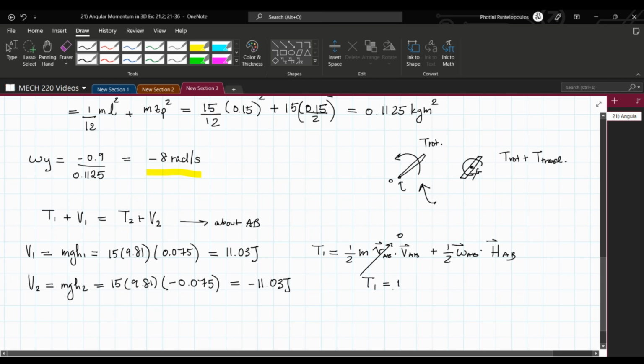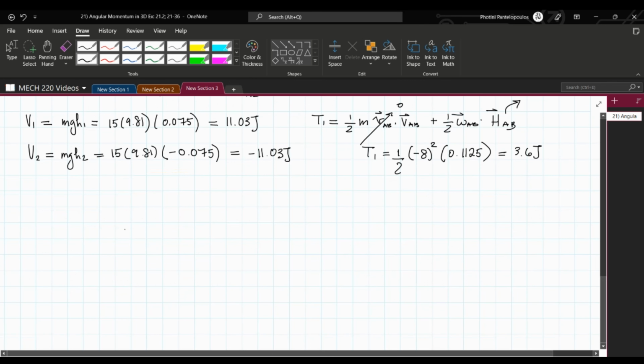So really it's just 1/2 omega AB squared, because if you unpack this here, it is omega AB times omega AB. So if you multiply those two together, you get omega AB squared. And that is times our moment of inertia, which we calculated to be 0.1125.